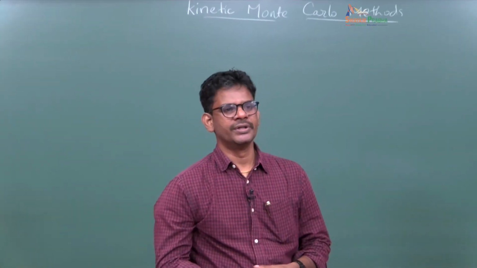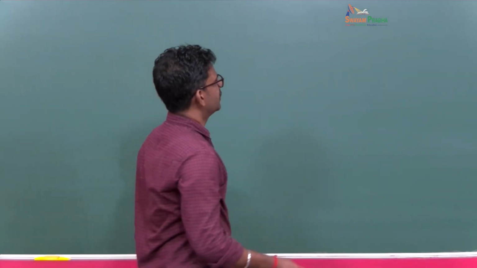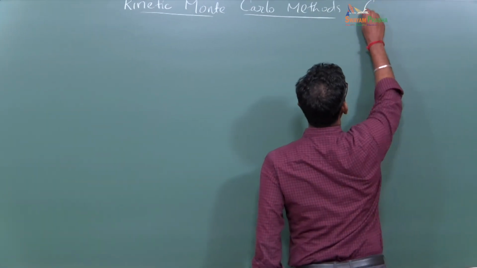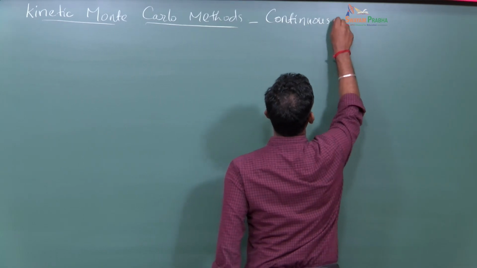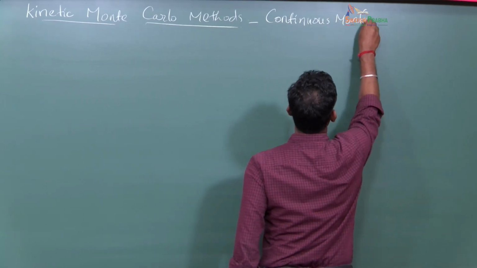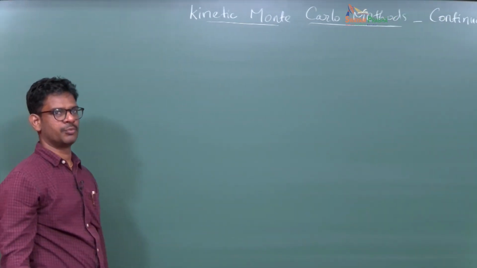So what I hope to do in this class is to set up the basis of this kinetic Monte Carlo method, and then how to simulate both continuous as well as jump Markov processes using kinetic Monte Carlo methods. First we will talk about the continuous Markov process, and later on we will talk about the jump Markov process also.